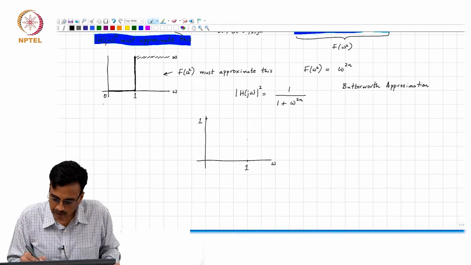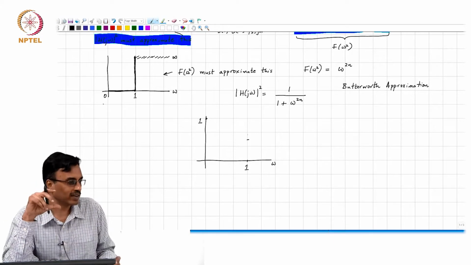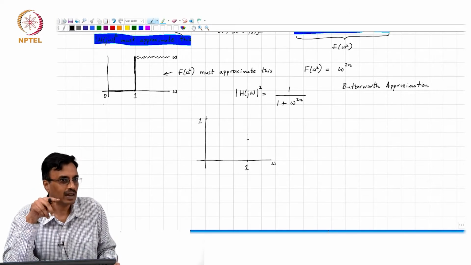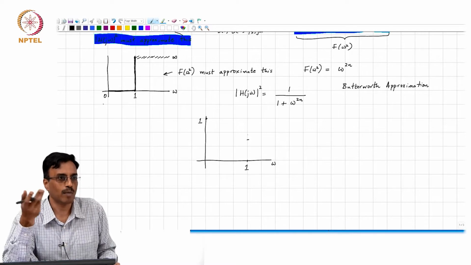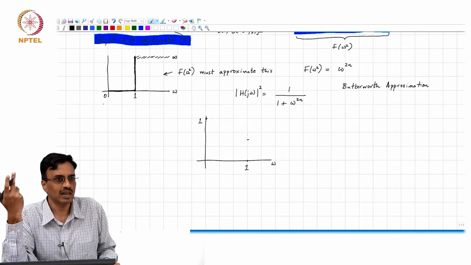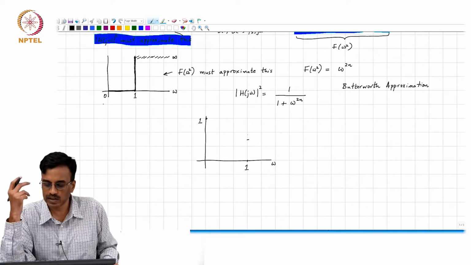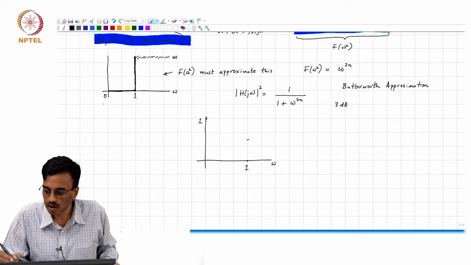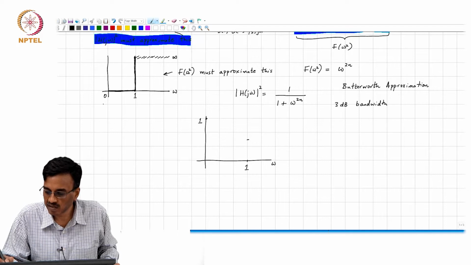It's half. Magnitude squared is always associated with power, so that is the half power frequency. If the squared magnitude is half, what comment can we make about the magnitude itself? 1 by root 2, which is the 3 dB frequency. So, in other words, the 3 dB bandwidth of the filter is simply 1 radian per second.